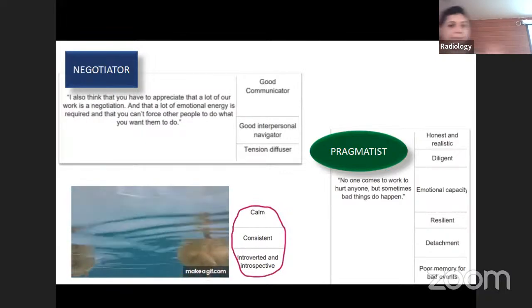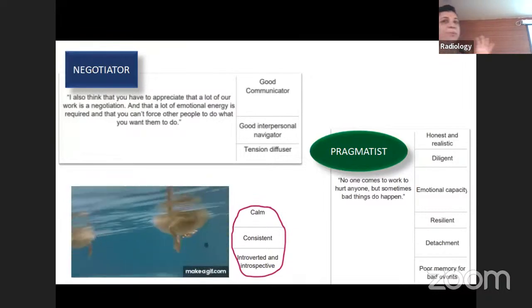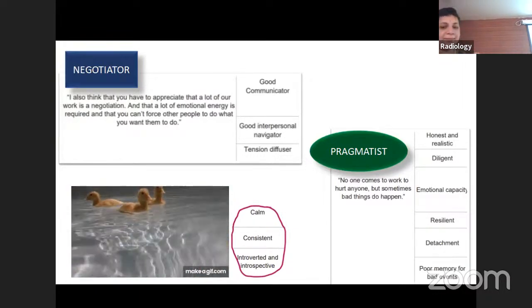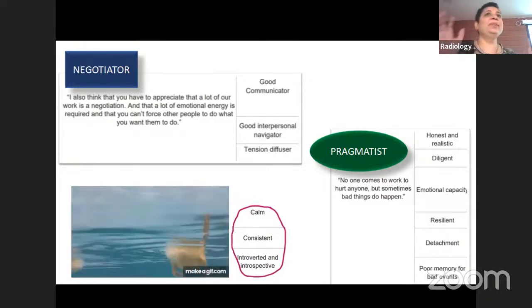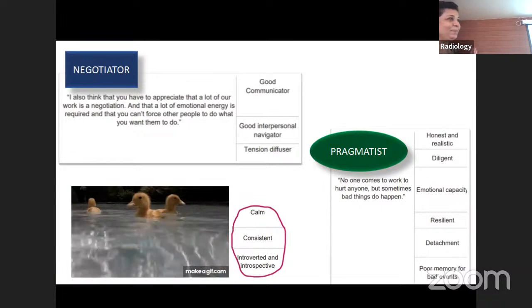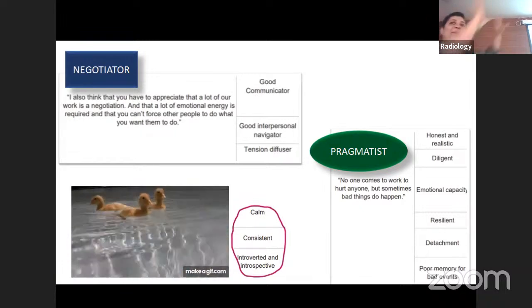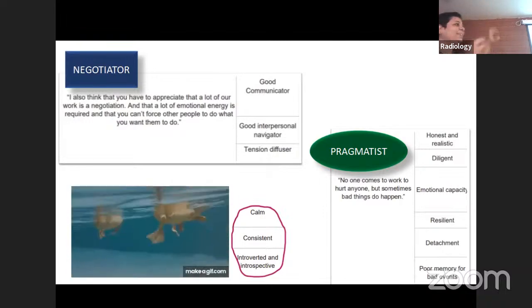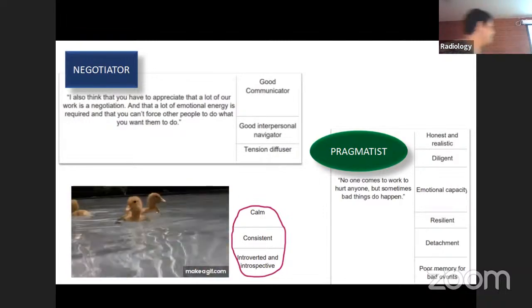Pragmatist, very practical, honest and realist, diligent, has good emotional capacity, very resilient, detached, poor memory for bad events, remembers only the good things, tries to forget the bad. So these are all groups into which they placed intensivists.